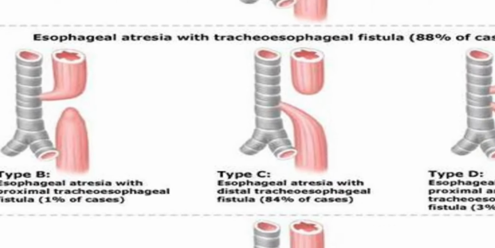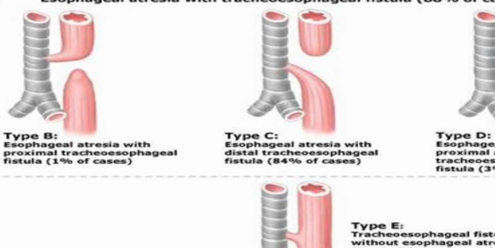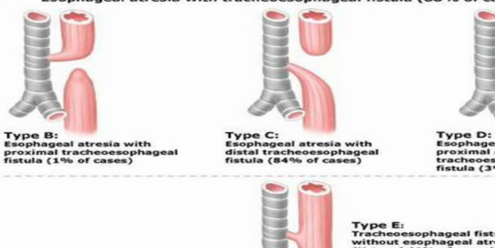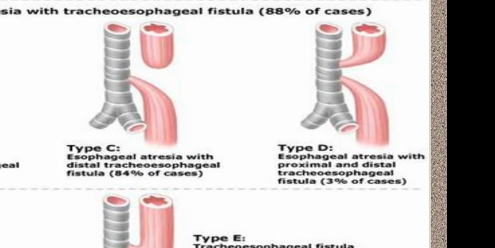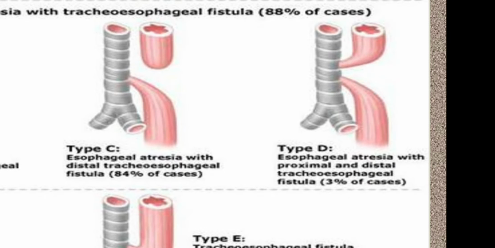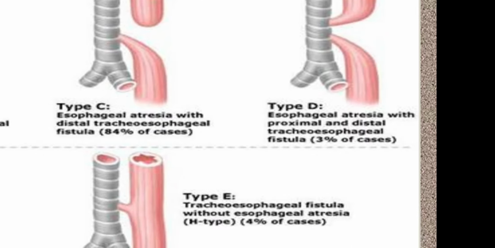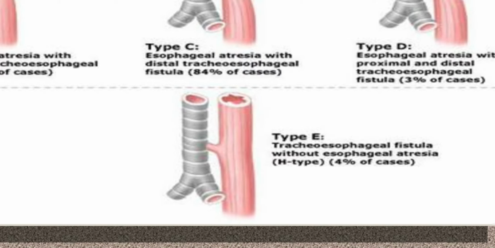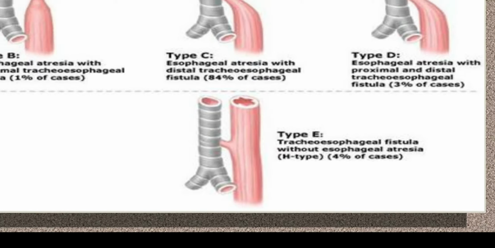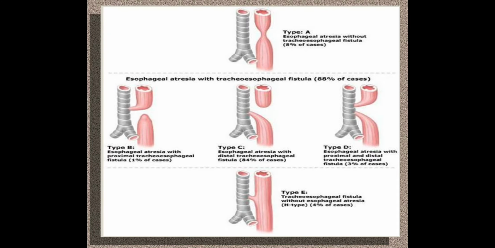Type C, esophageal atresia proximal with distal tracheoesophageal fistula, and it is the commonest type, 84% of cases. Type D, proximal and distal tracheoesophageal fistula, 3% of cases. Type E, which is H type, there is no atresia, but there is a tracheoesophageal fistula.